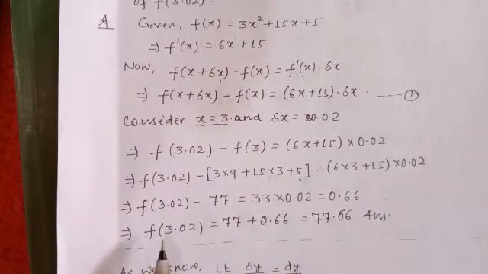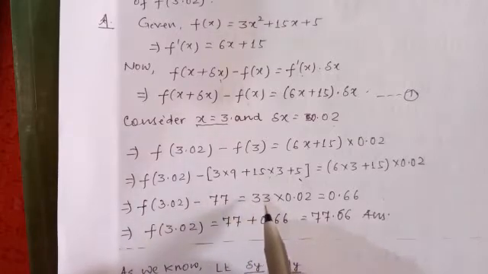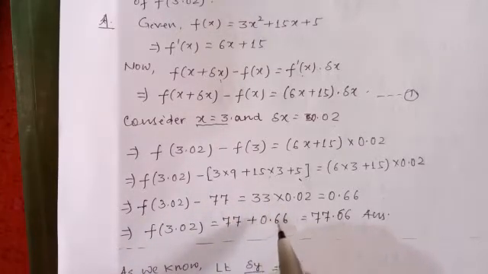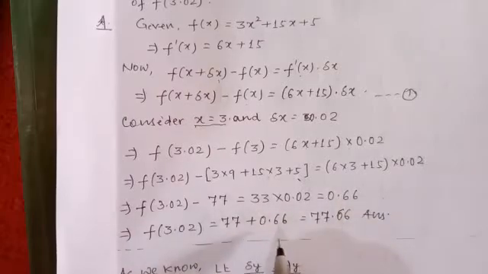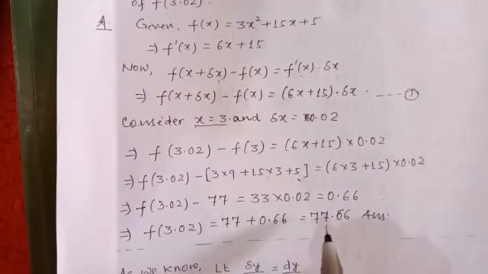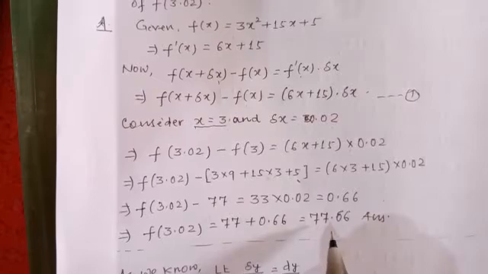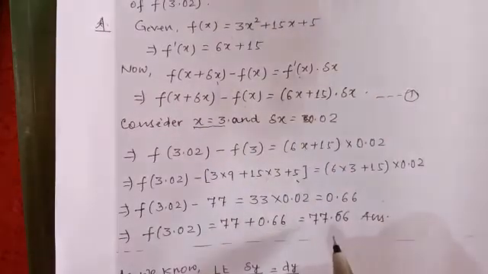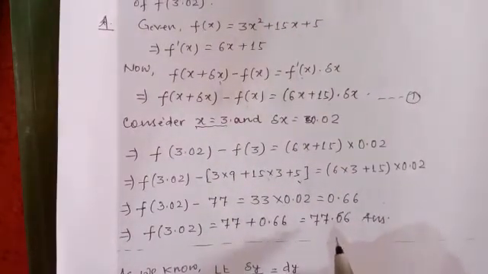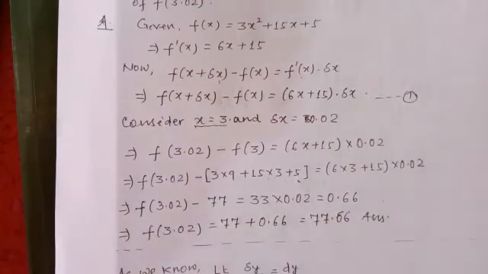Thus f(3.02) should be equal to 77 on the right side plus 0.66, that is 77.66. This is the approximate value of f(3.02).